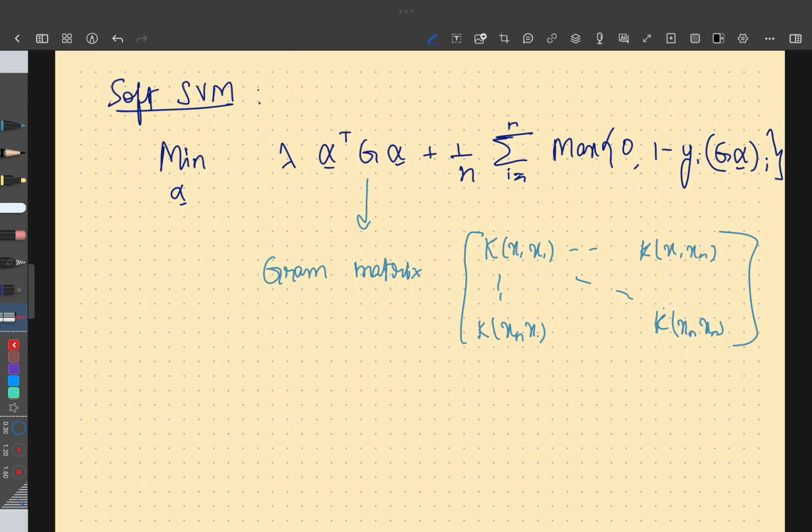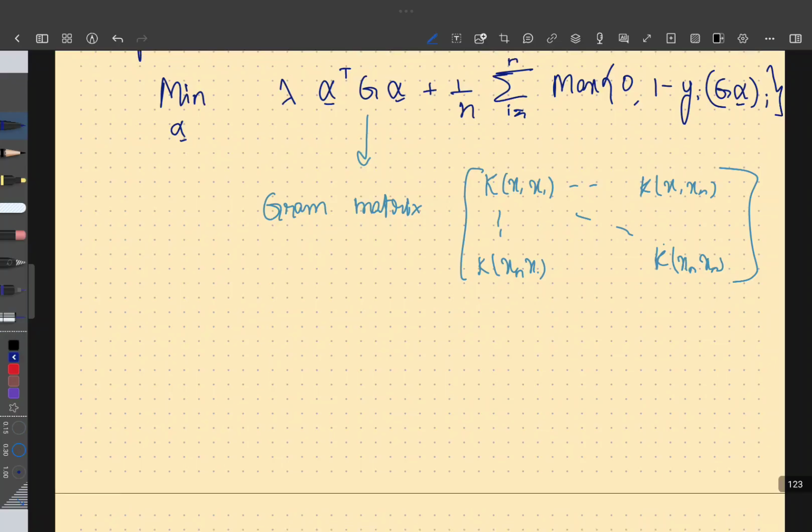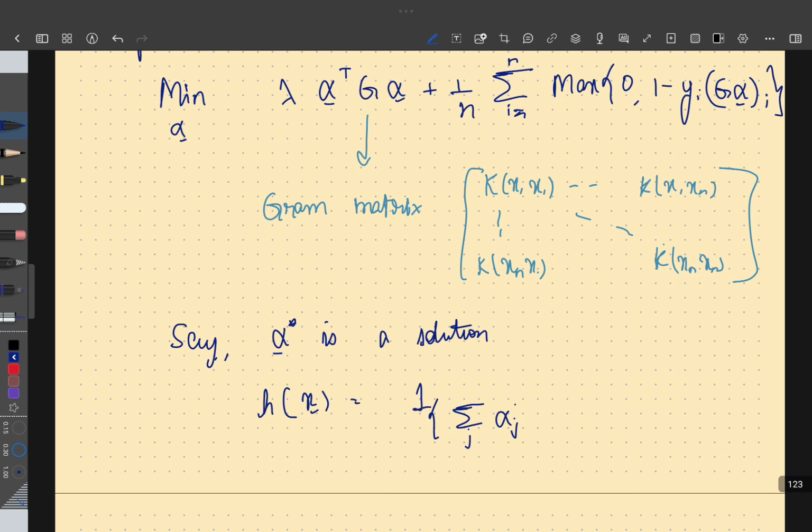And once I find the solution, let's say that we find that alpha star is a solution, then your h of x can be just represented as the indicator summation over j alpha j star k of xj x greater than 0.